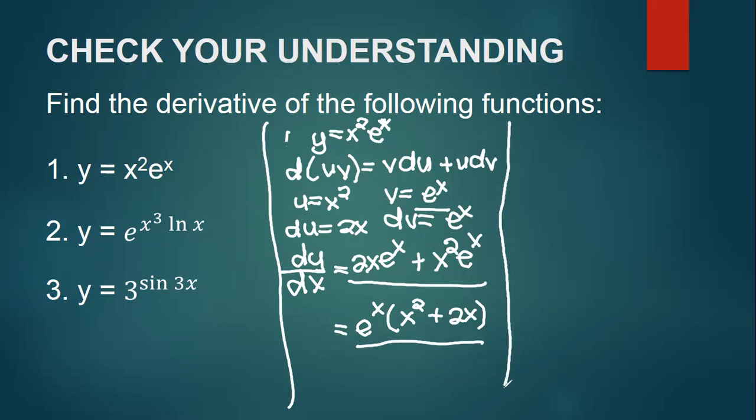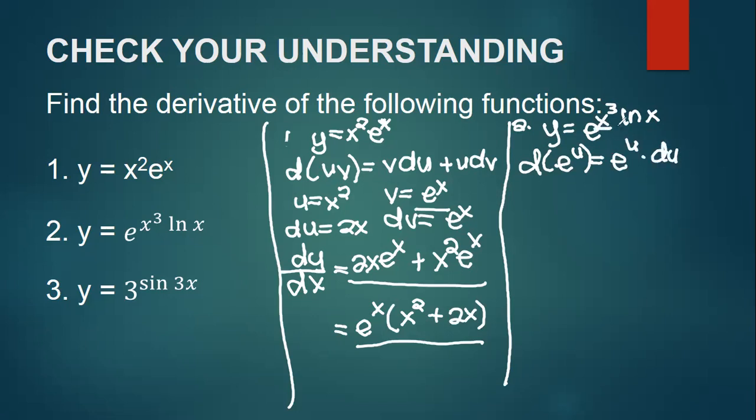Questions for number 1? Number 2. If your given function is y, which is equal to e raised to x cubed ln of x, we are going to use the derivative of e raised to u, which is equal to e raised to u times the derivative of u.